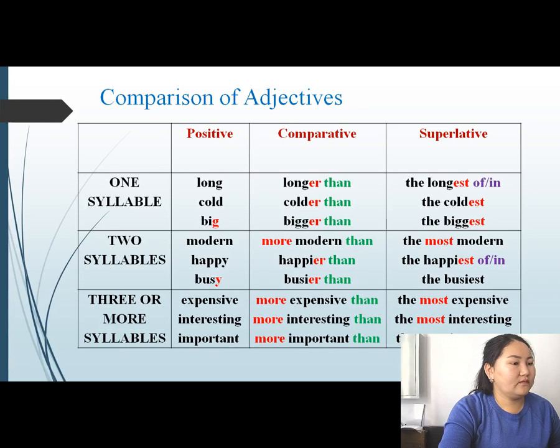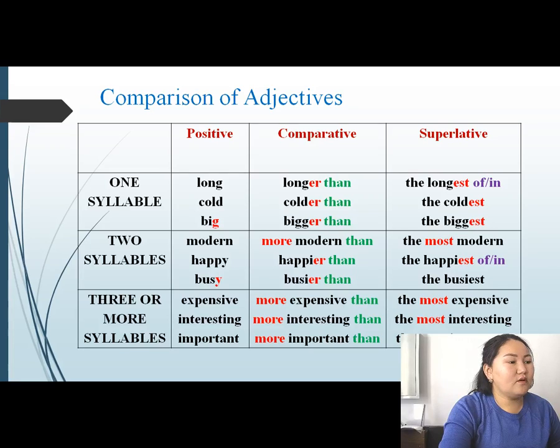So, for example, modern, more modern than, the most modern. Happy, happier than, the happiest. And if we have the ending y, we have to change the y to an i and then add the ending. For example, busy, busier than, the busiest.